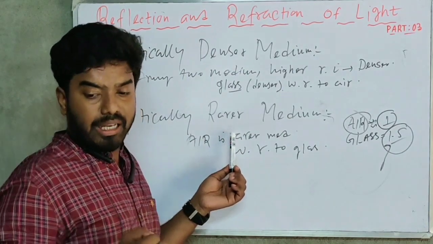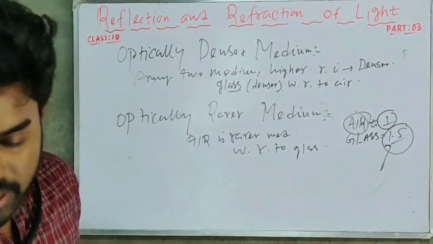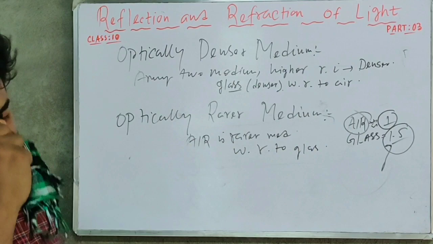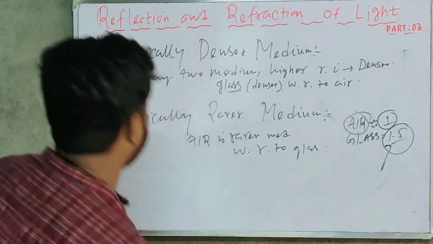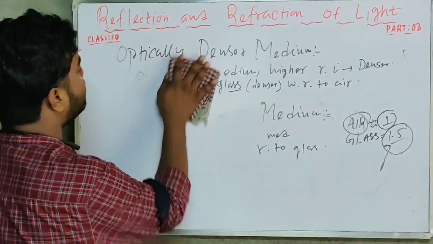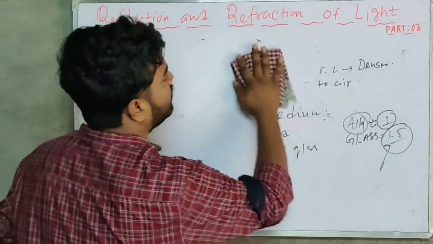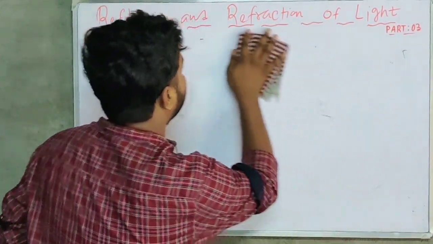Clear? Now depending upon the medium, the refraction of light, that is the bending phenomenon of light, is categorized. There are three cases for bending of light.